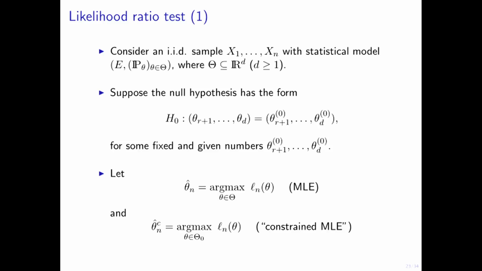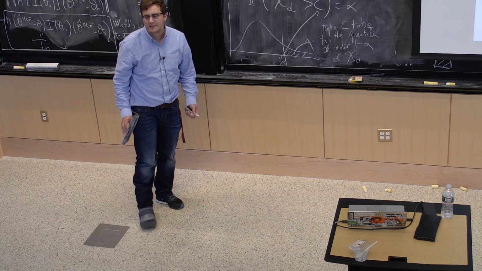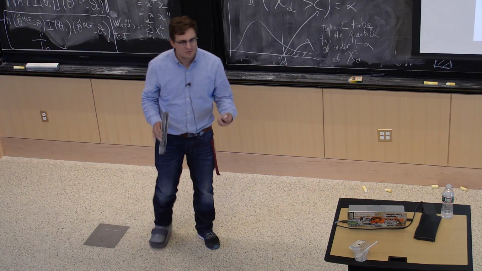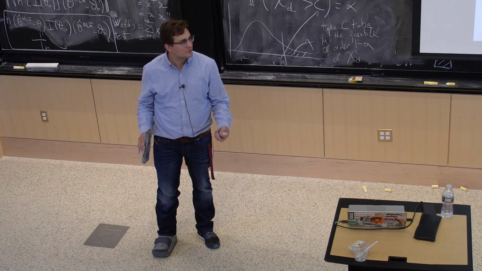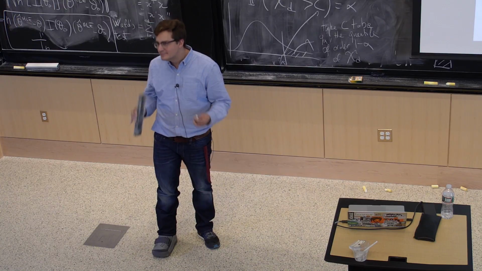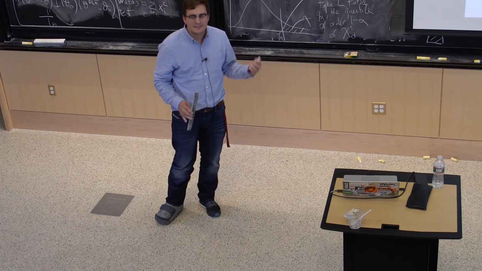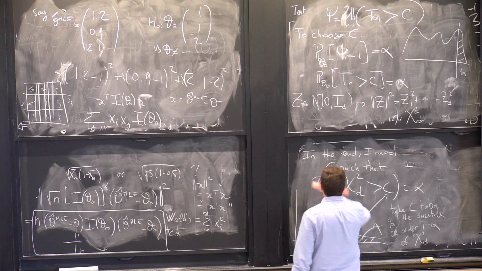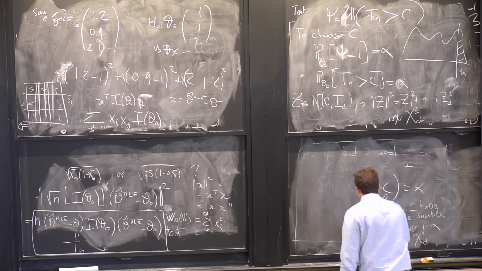Okay, so let's parse those words: likelihood ratio test. At some point I'm going to have to take the likelihood of something, divide it by the likelihood of some other thing, and then work with this. And this test is just saying the following. Here's the simplest principle you can think of.